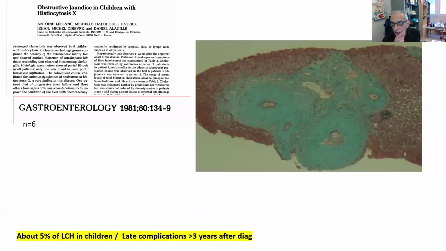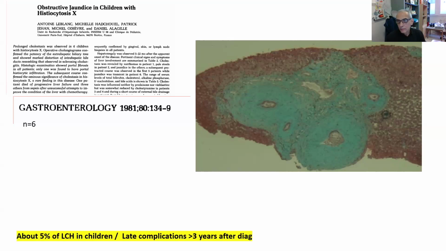So sclerosing cholangitis in LCH was known in the 80s. I have found this paper from a French team, in 1991, but I think there are also other reports.